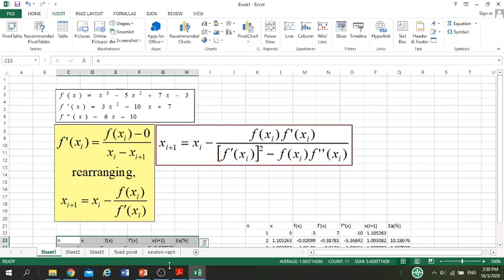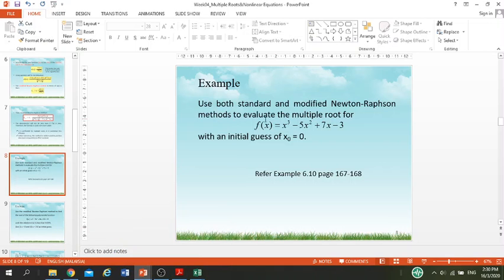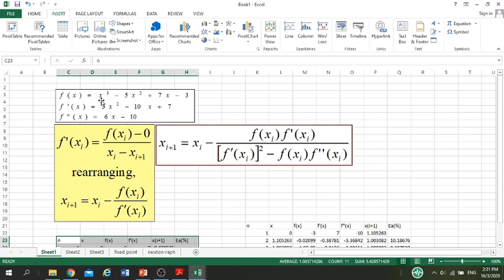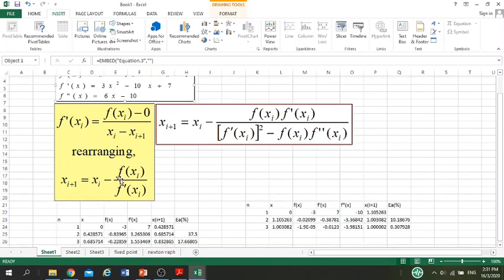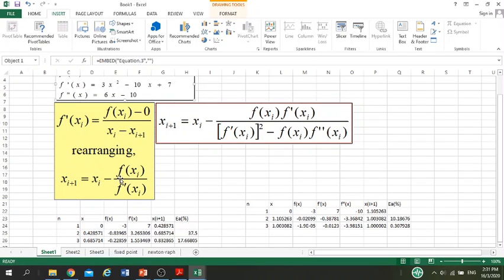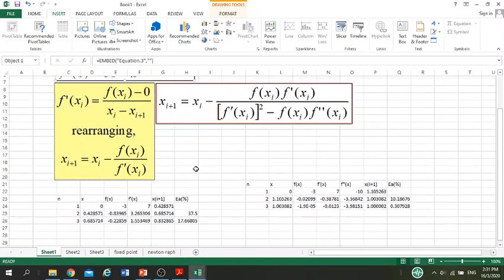This is the function: x to the power of 3 minus 5x squared plus 7x minus 3. Remember the question asks us to find the roots using the usual Newton-Raphson method, this one in yellow, and also using the modified Newton-Raphson method.